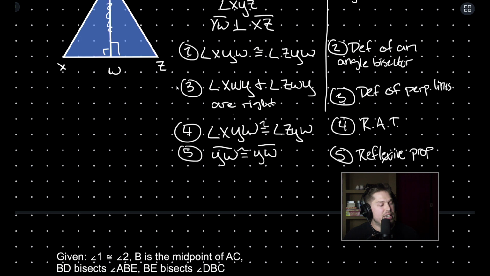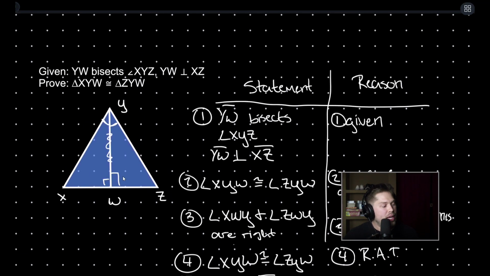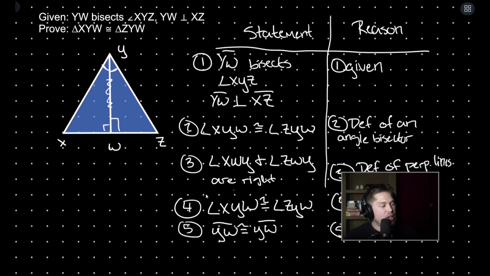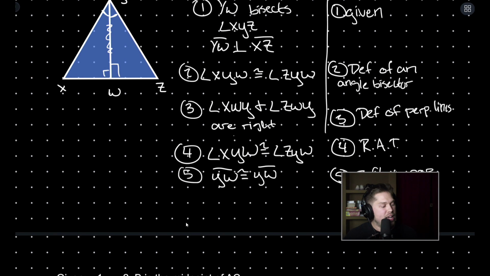And then now, what do we have? Well, we have an angle and a side, and in order, this is angle, side, angle. And so by the angle, side, angle postulate, we can say that the triangles are congruent.